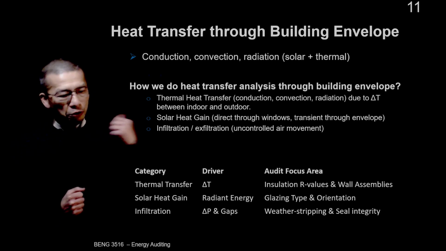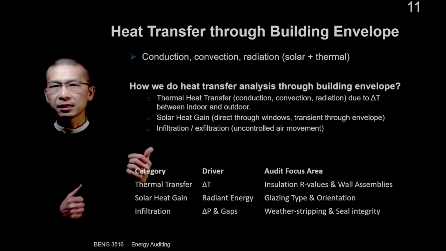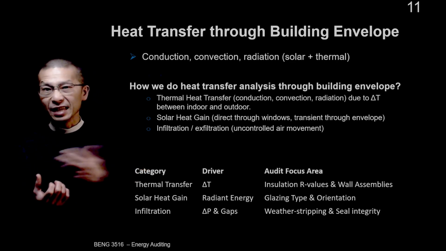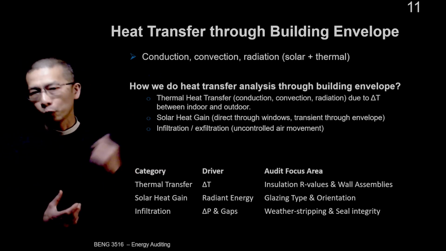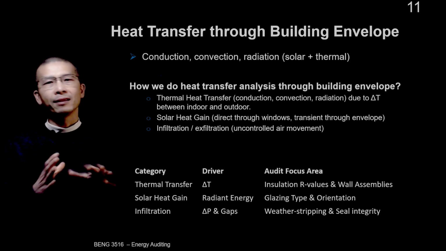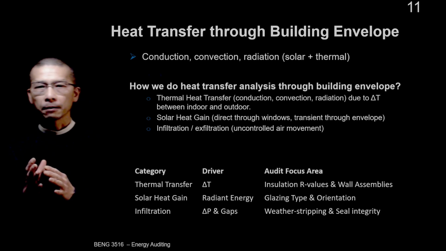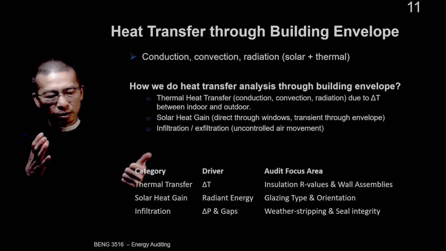Okay, heat transfer through the building envelope, right? The building envelope is a dynamic boundary where energy is constantly moving in and out through conduction, convection, and radiation. Now, we break our analysis into different categories here, okay? Thermal heat transfer, which is sometimes called just conduction.